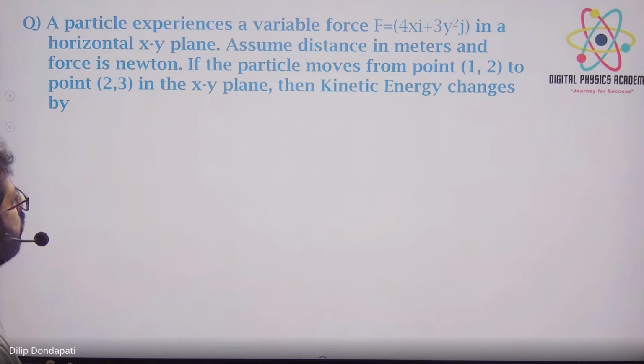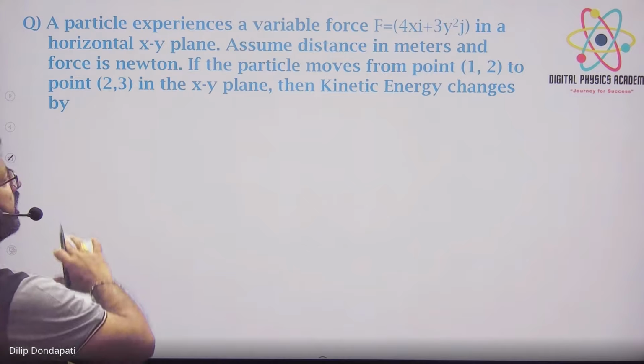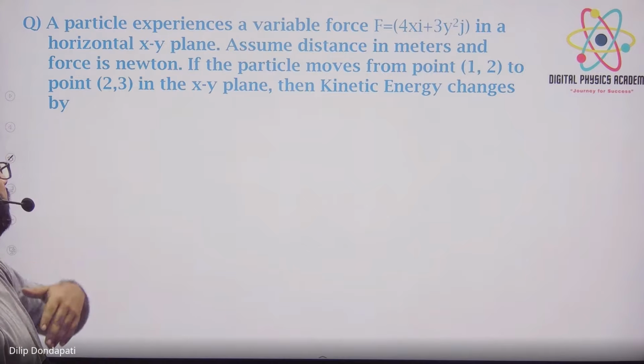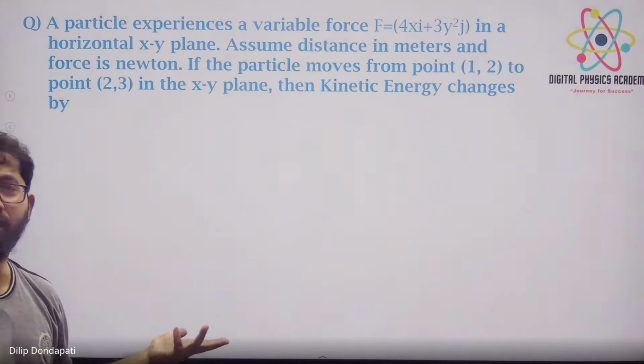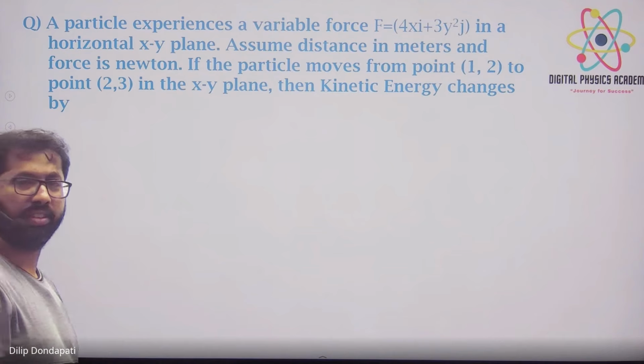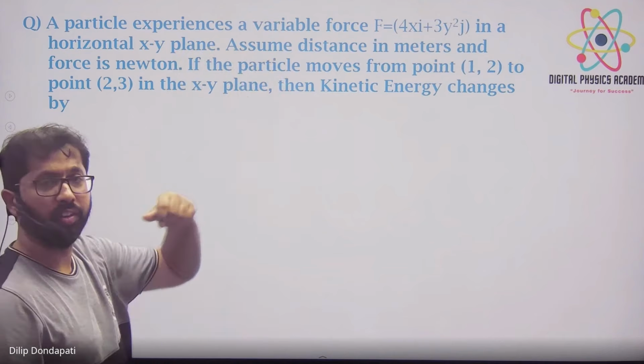The particle experiences a force as given. Assume distance in meters and force in newtons. A particle moves from this point to this point in the xy plane. He is asking the kinetic energy change, but indirectly we have to find work done, plus the work done by a variable force, you know, right? Find it. This is easy, sir.